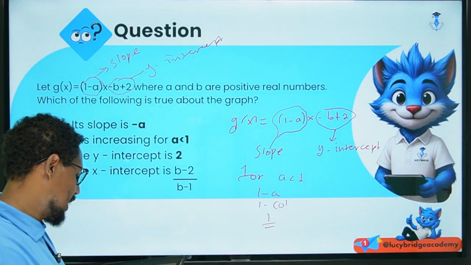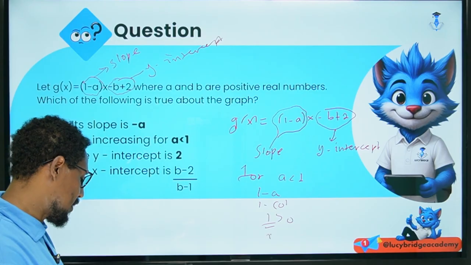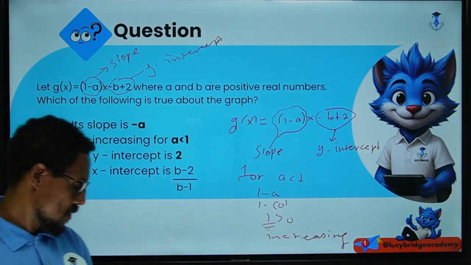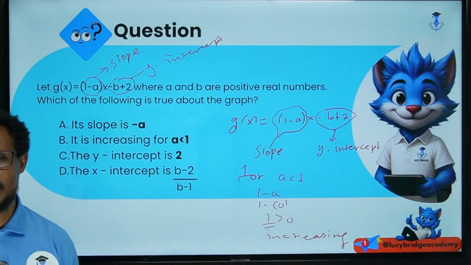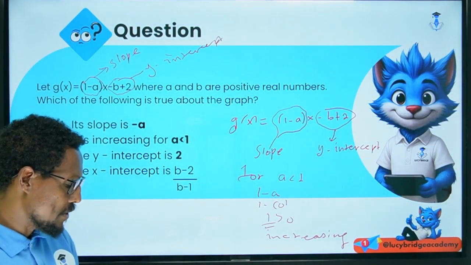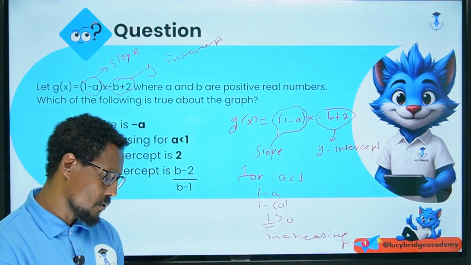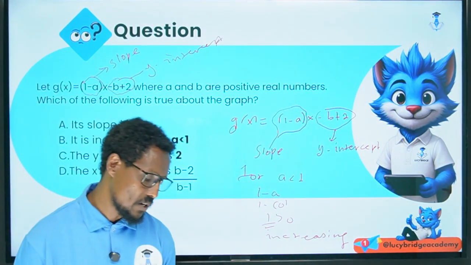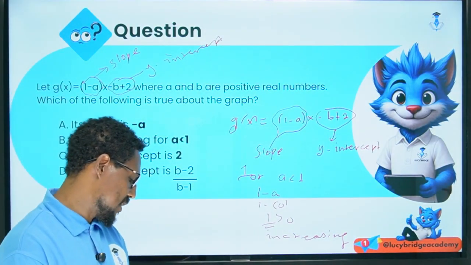Therefore it is greater than 0, increasing. Yes, so it is increasing for a less than 1. If you substitute any number less than 1 for a, our slope 1 minus a will always be positive. Therefore it is increasing.